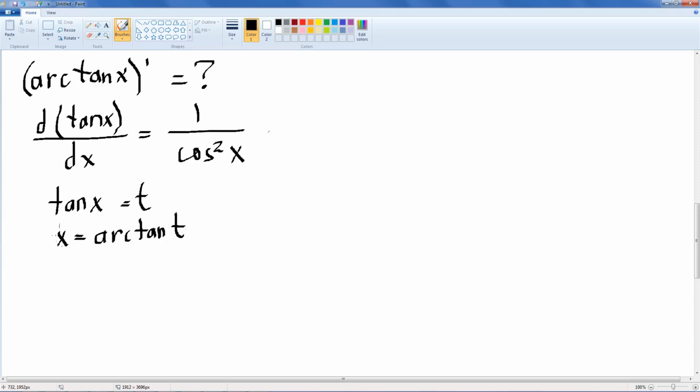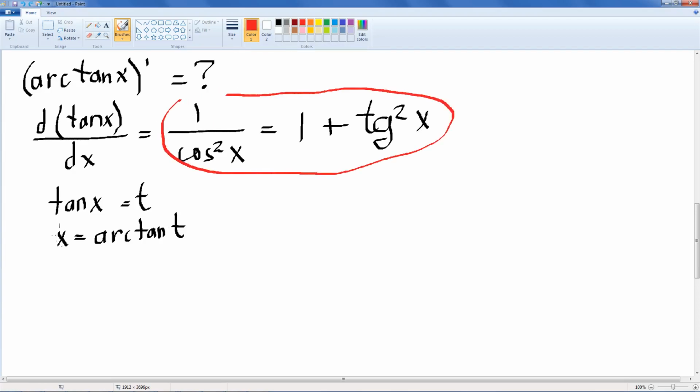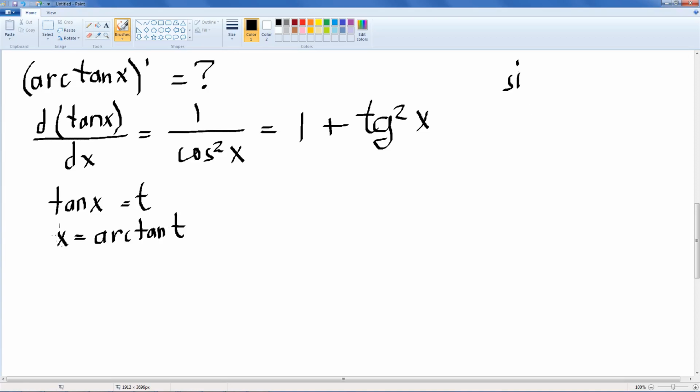fortunately, there's this awesome formula that says that 1 over cosine x squared is actually equal to 1 plus tangent x squared. So this is just a formula from the textbook. In case you want to know, just Google it. In case you want to prove that, you probably know that sine squared of x plus cosine squared of x is equal to 1.